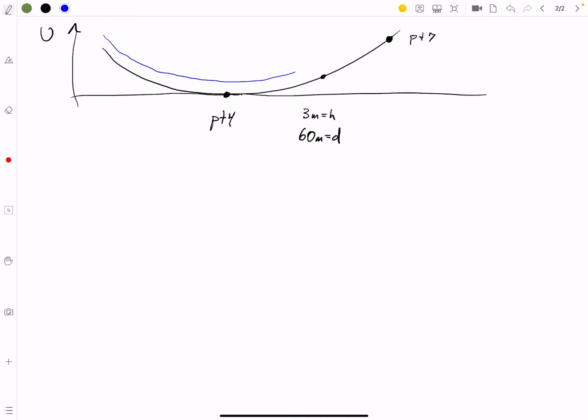Everything's going great. We get up to this turnaround point and we stop. And then we come back. And then we're going to go like this, and then we'll stop, and then we'll come back. And we'll go like this, and we'll stop, and come back. And then we'll go like this, and we'll stop somewhere. Let's say here.